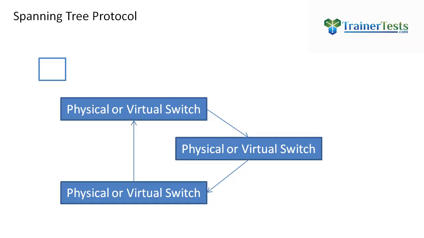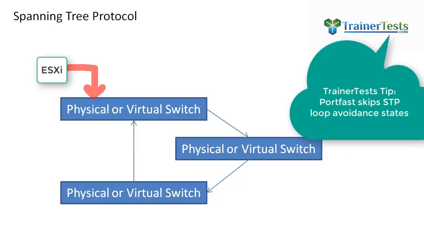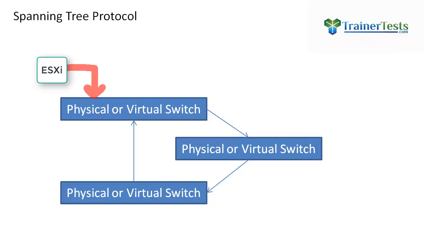Now, a few things that I just want to mention specific to configuration with vSphere. If you're connecting a physical switch to an ESXi host, so let's say here's my ESXi host and I'm connecting a physical switch to that ESXi host, in that case, we want to enable a special mode of spanning tree, PortFast. Now, what PortFast does is this. For all of these ports on my physical switches, they have to go through a certain process.